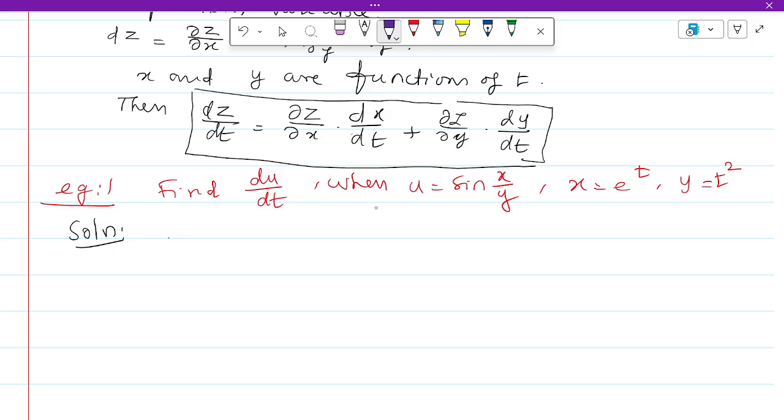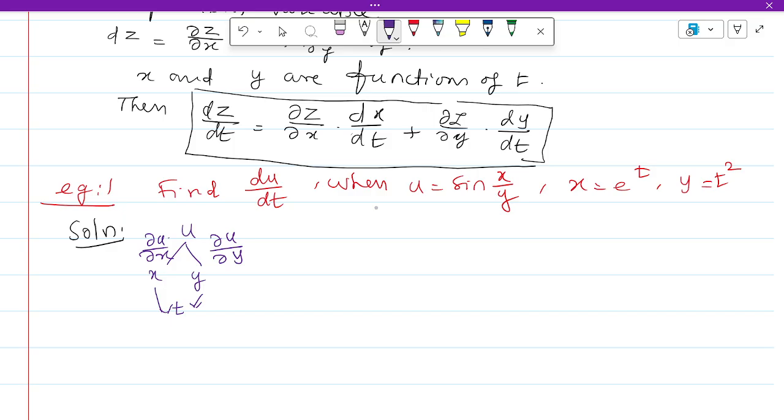here given u is a function of x and y. See, x is a function of t, y is also a function of t. U is a function of two variables, then we can find dou u by dou x, dou u by dou y.